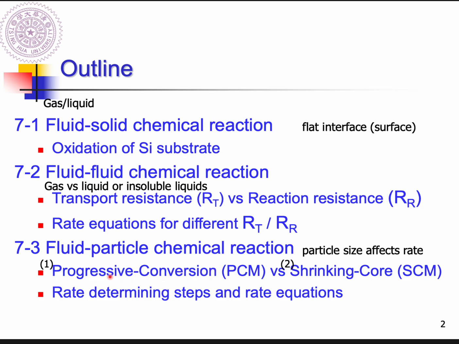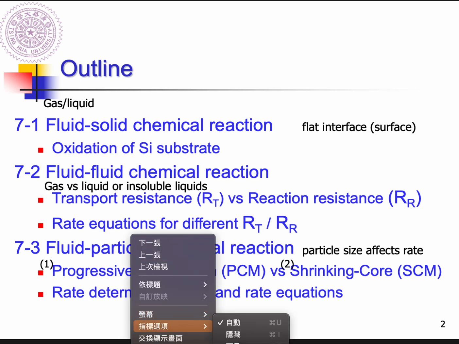For progressive conversion, the characteristic is that the particle size is not going to change during the heterogeneous reactions, but the thickness of the product will get thicker and thicker, while the whole particle size does not change. So it looks like this.